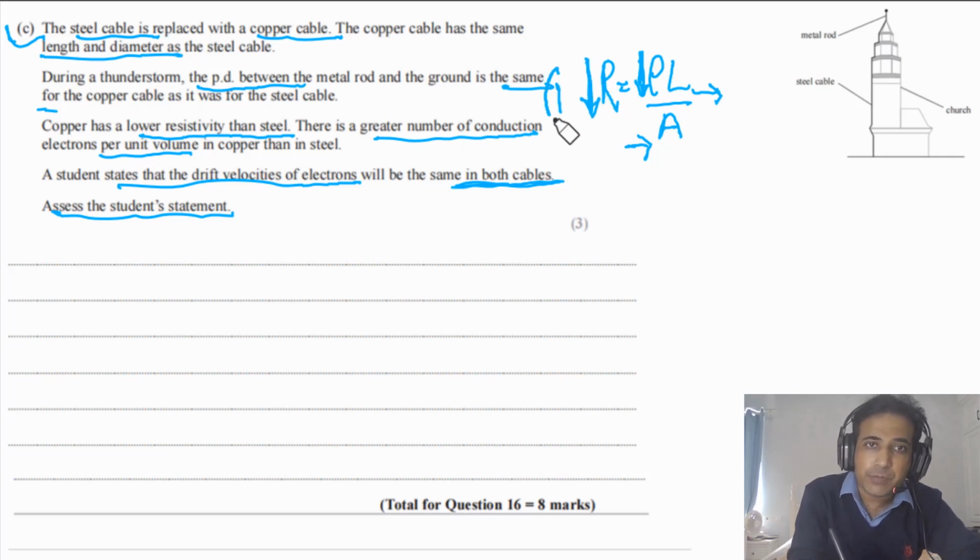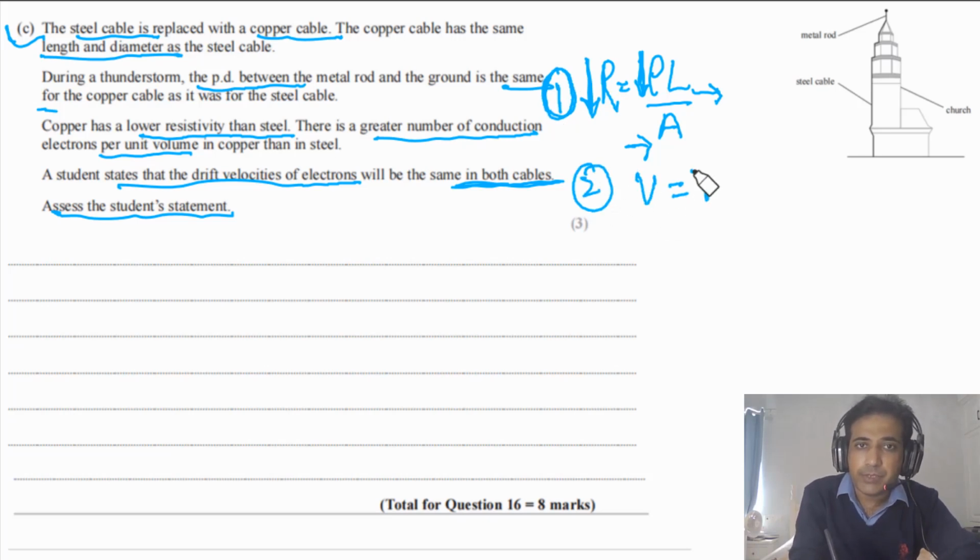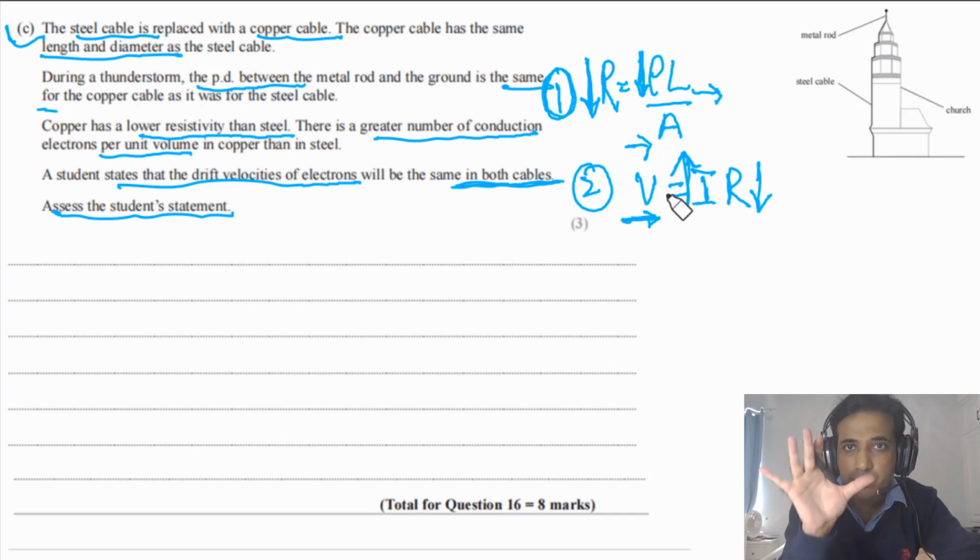So this is the first point we need to understand. The second thing we need to understand is, as PD is the same, PD is equal to I times R. If PD for the two cables is the same, and if resistance decreases, it means current has to increase. So these are two basic points we need to understand.